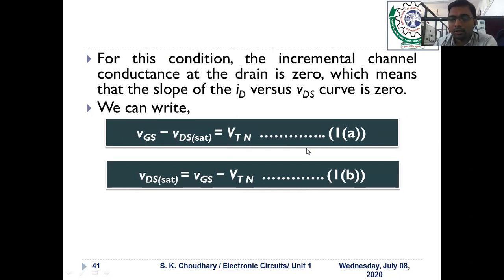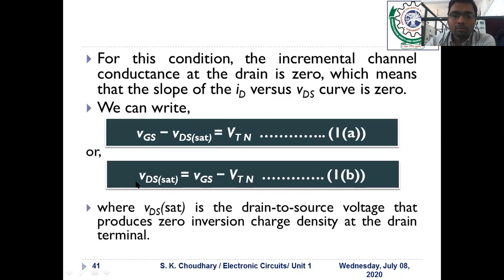Or you can also define it as VDS sat is equal to VGS minus VTN. Both relationships are valid, and you can use them for solving numericals. The drain to source voltage that produces zero inversion charge density is the VDS sat.